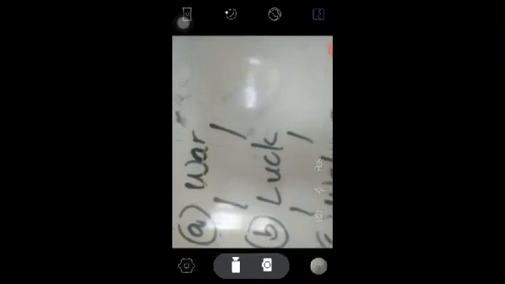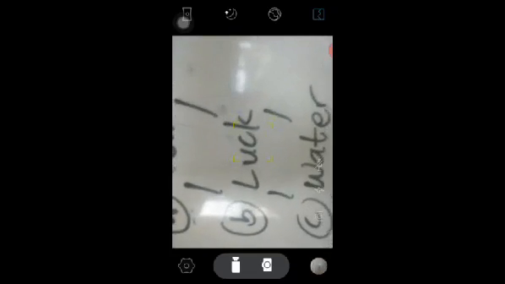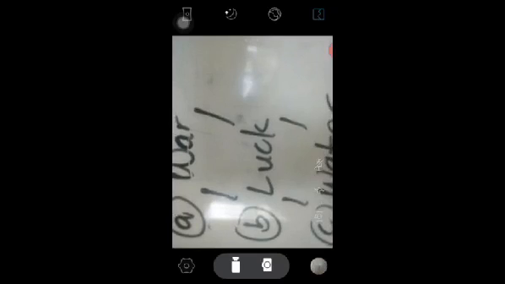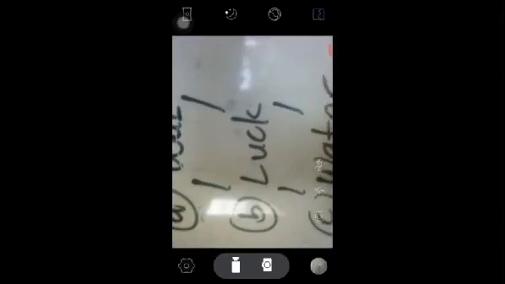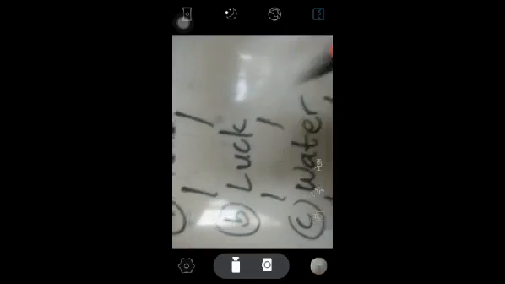The first one we have is WAR. So, could this be our answer? WAR sounds war, not the O sound. Because of the letter R after the letters WA, the letter A won't sound O. They'll sound what? Or. So we have the long or, war.